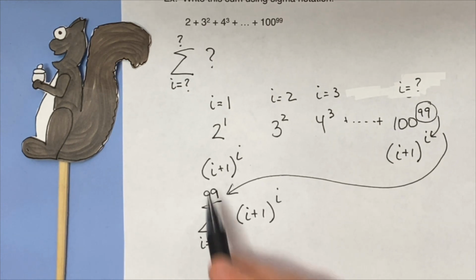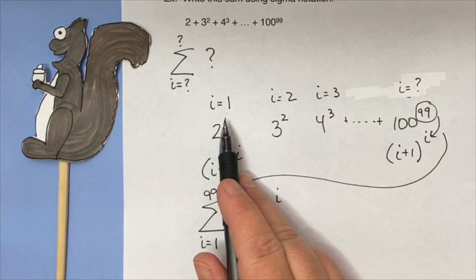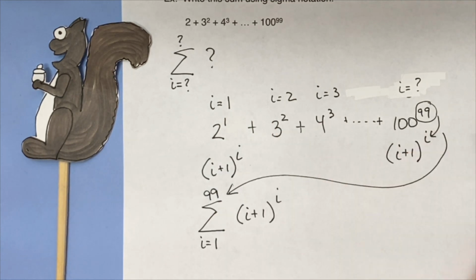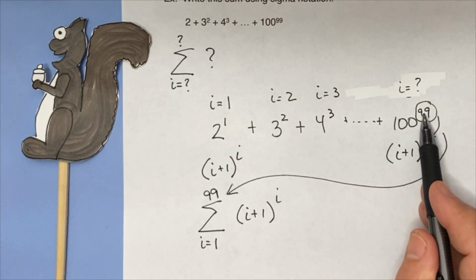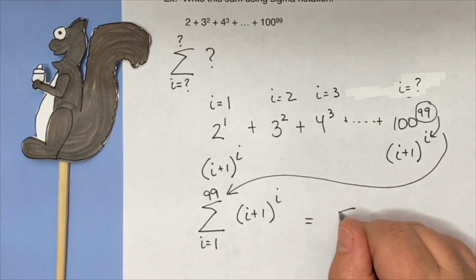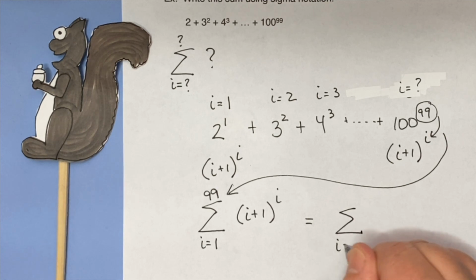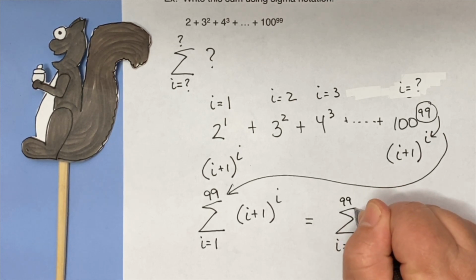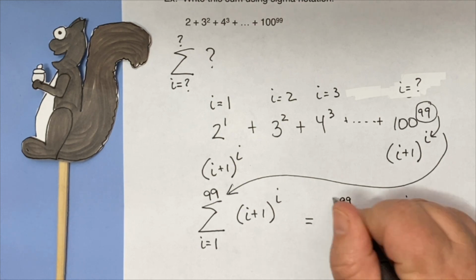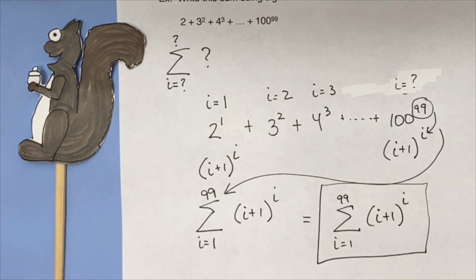From i equals 1, which would give us 2 to the first, all the way to 100 to the 99th. So I think what I want is the summation, i equals 1 to 99, make it look pretty, of (i plus 1) to the i, and that's going to be my final answer.